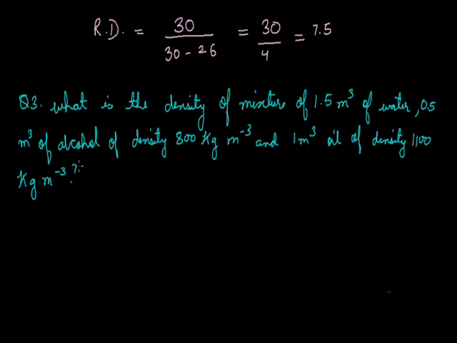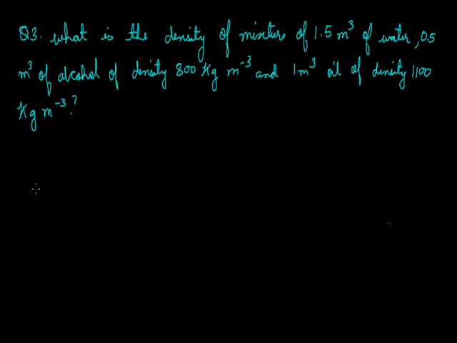Now in this question we are given a mixture of water, alcohol and oil. The volume of water is 1.5 meter cube, of alcohol is 0.5 meter cube, and its density is also given, and oil is 1 meter cube and its density is also given to us.